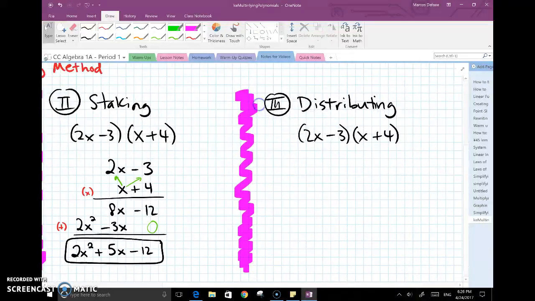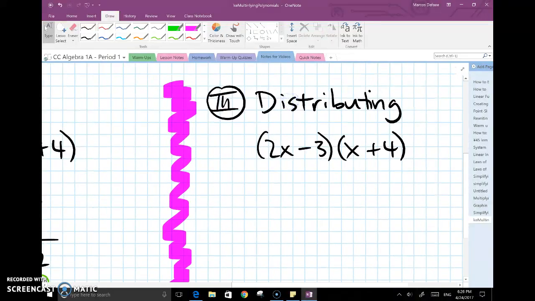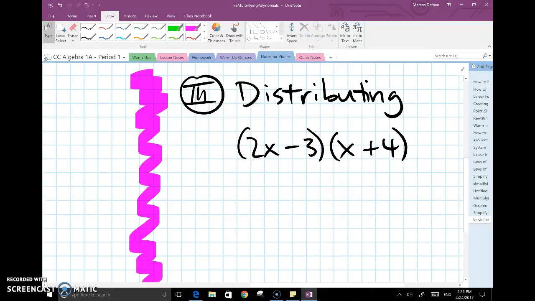Now with the distributing method, we distribute the way that we normally do any distribution. The difference is that now we have a binomial multiplied by another binomial. So what's going to happen here is that these are going to take turns. This 2x will multiply there as well as there, and I first write the outcome of that.